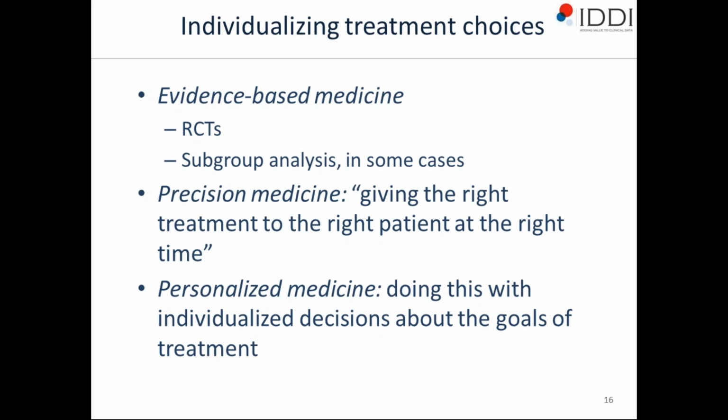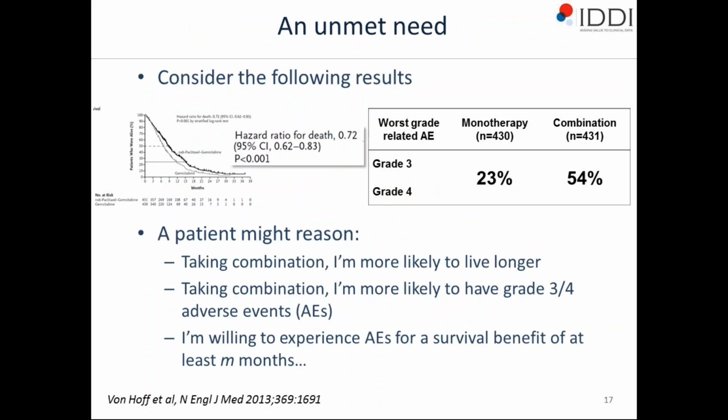And what we're trying to discuss here is, let's say, even one step further, which is, let's try to use precision medicine or evidence-based medicine, if you will, in a very individualized way, so that stakeholders can make decisions that depend on different views about the trial results or about the literature. So we're trying to move from precision medicine to personalized medicine, thinking that this is one step further.